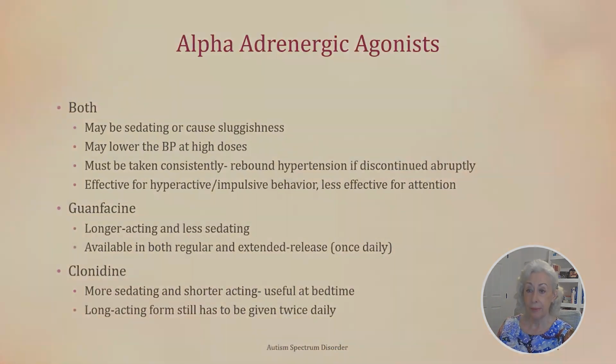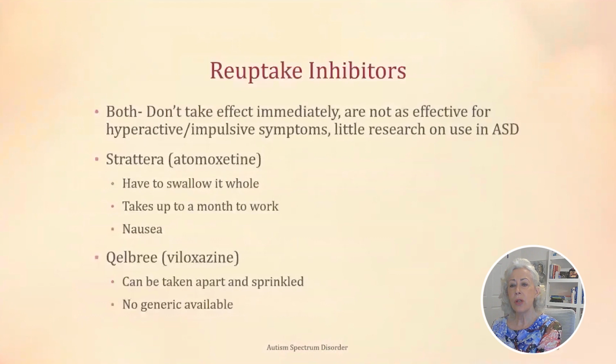The reuptake inhibitors are Strattera and Qelbree, and because of that mechanism of action, they don't take effect immediately. They also do not seem to be as effective for the hyperactive impulsive symptoms of ADHD, and there is very little research on their use in autism spectrum disorder.